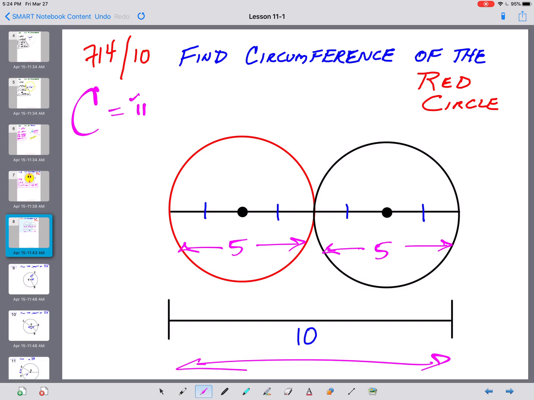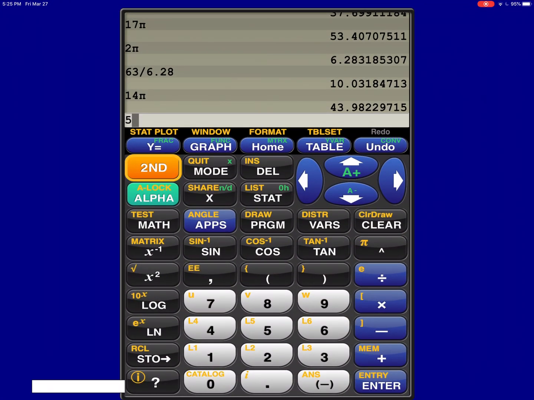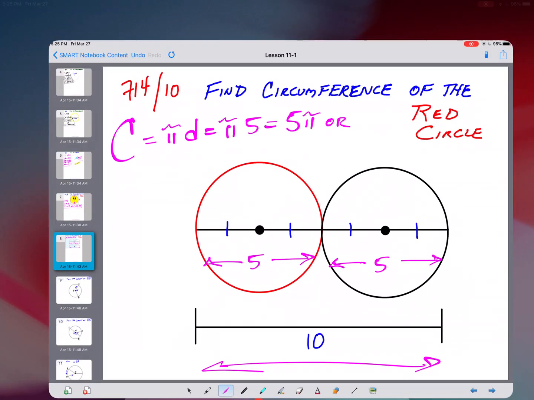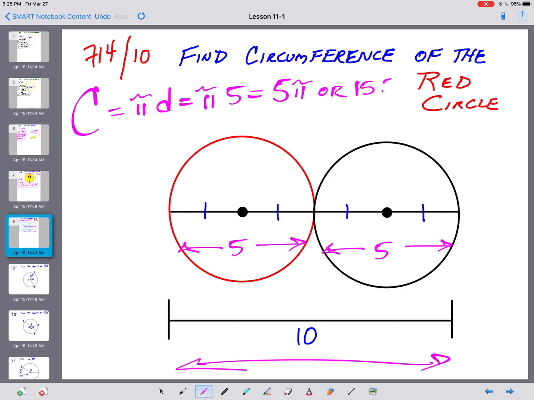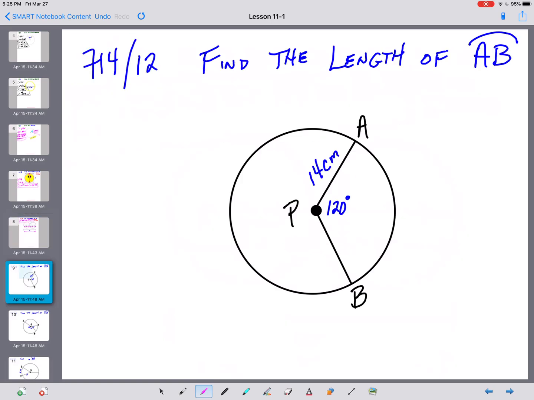Circumference equals pi times d, so pi times 5. You could leave it like that. I'm going to leave it 5 pi, or let's see what we got. 5 times pi, nice, 15.71. There it is.